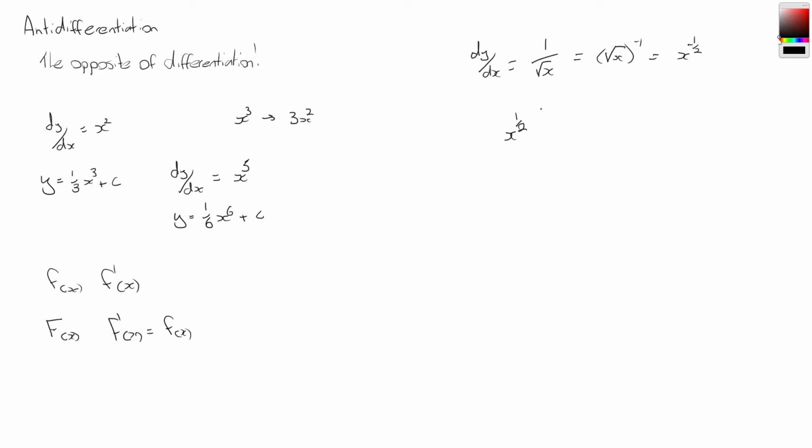But we still have the issue of what's happening at the front. So what we need to do is come up with something that when we multiply, we've taken a half out the front here, that we end up with nothing, or 1 really.